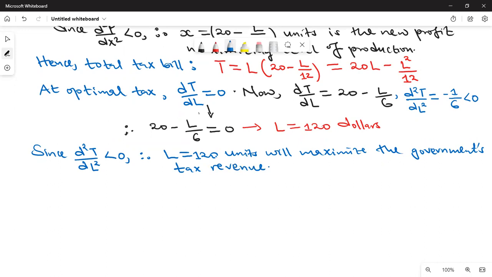So for the government to maximize the tax, they have to charge you $120 for every unit that you have sold. So then the task is, what is the new profit maximizing level of production?